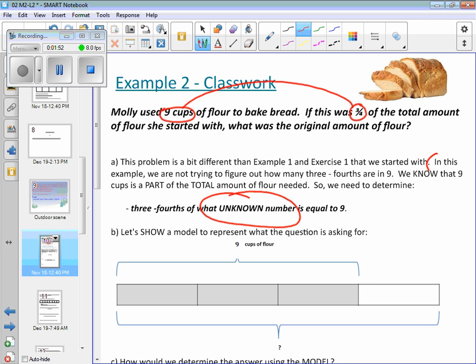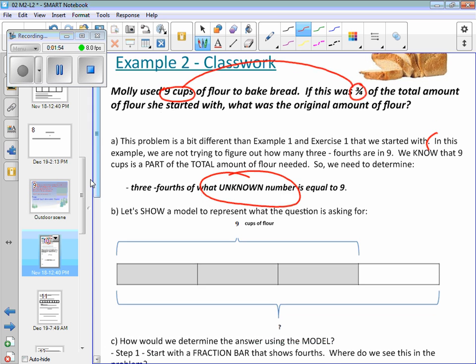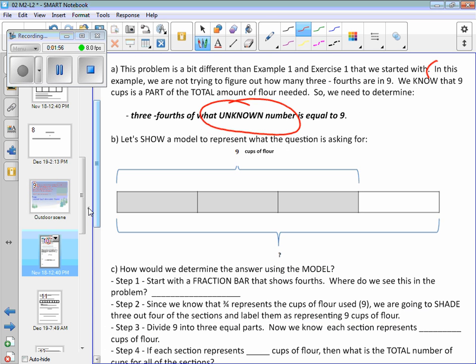Now the way they want us to model this is we're going to make our fraction bar like we've been doing. This is showing 3/4, and we've shaded 3 out of 4. This 3 out of 4 is representing 9 cups.